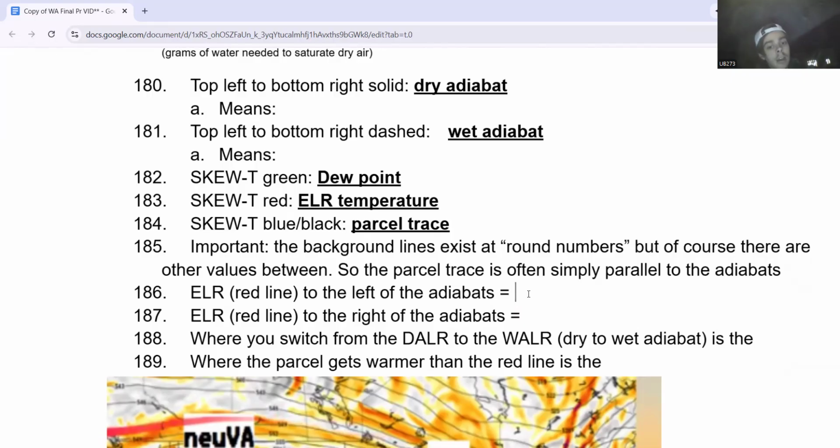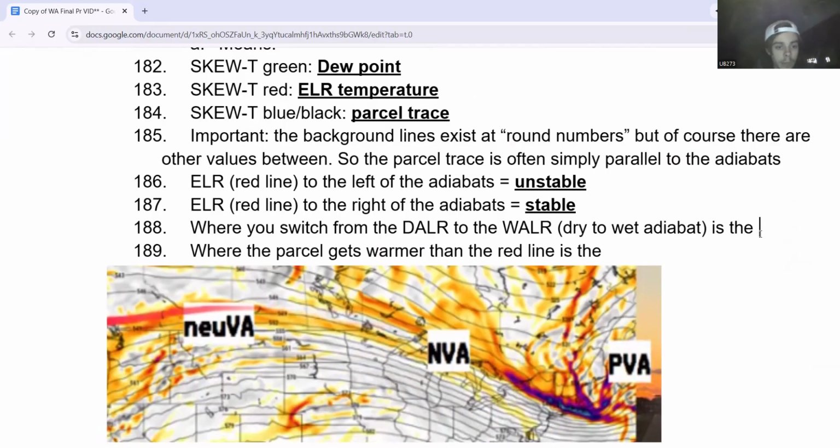If that's the case, then it's slower for the parcel to cool, and it's going to rise because it's warmer than its surroundings, which means unstable. If the ELR is to the right of the adiabats, that rate is slower. So the parcel is going to cool faster than the environment, and therefore it will sink, and that's stable. So remember, that's one of those counterintuitive things you have to be careful about. Think about it the right way.